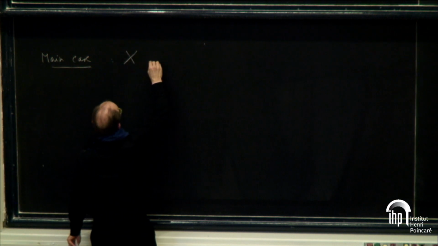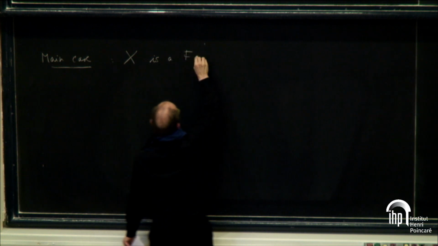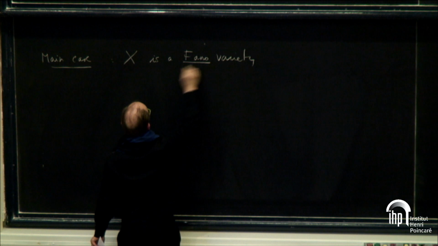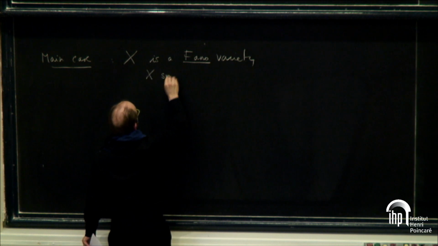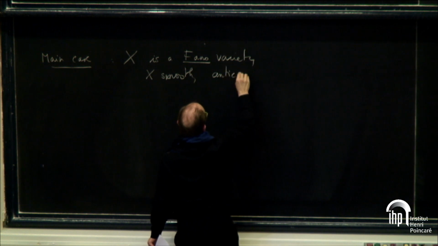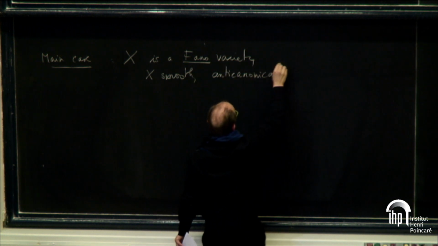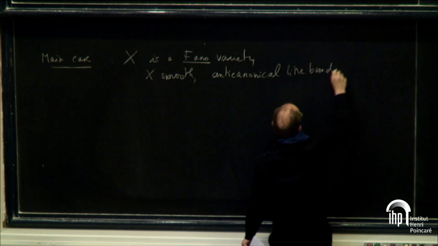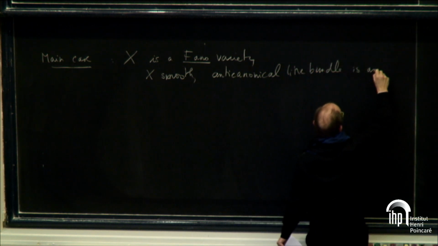Fano means for us that X is smooth and the anti-canonical line bundle is ample.